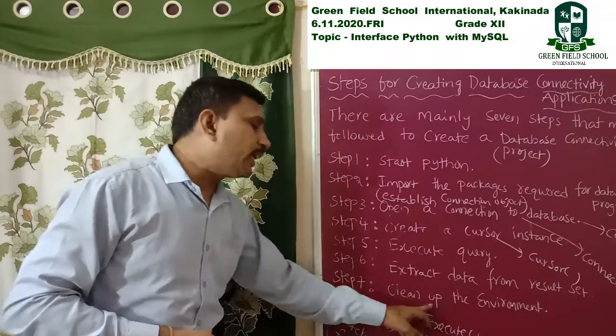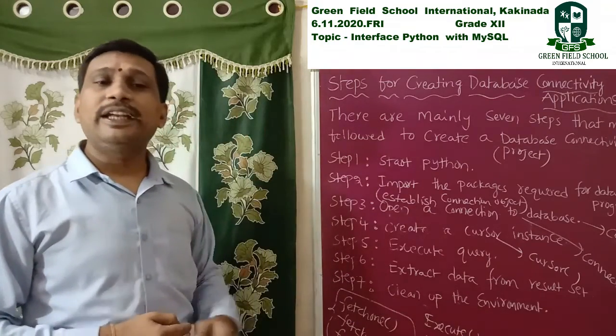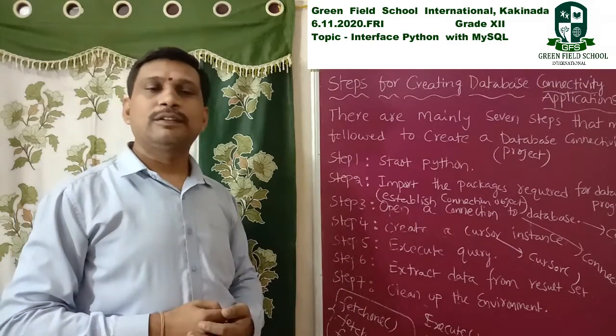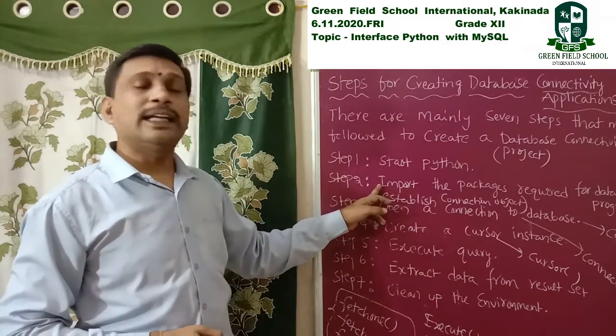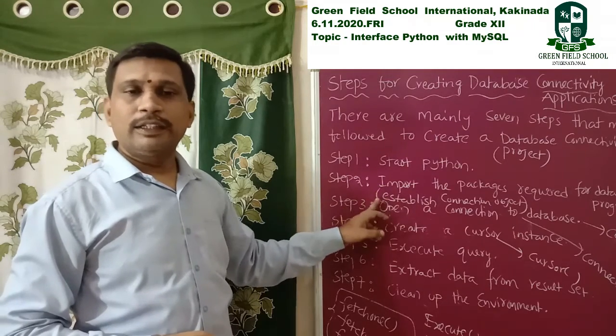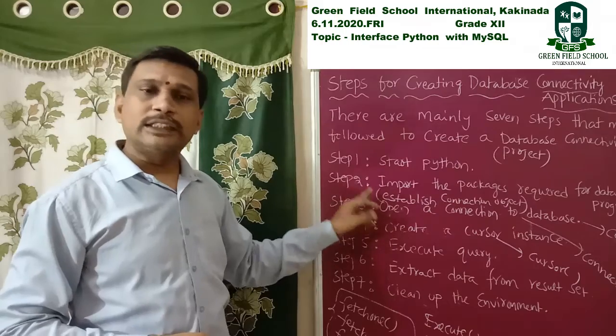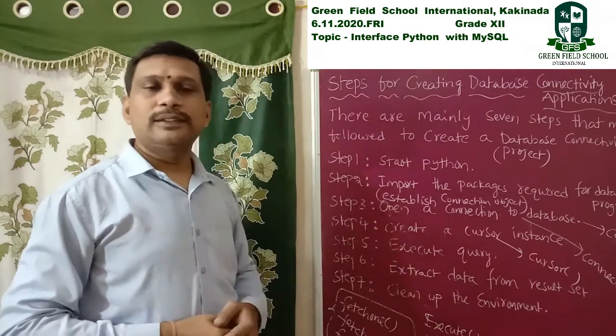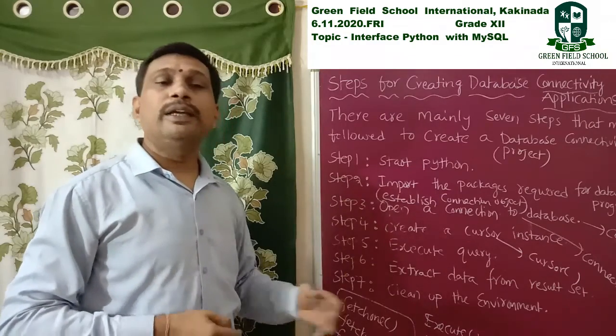Then we clean up all the environments. Clean up means we created so many objects here. One is the SQL connector object. Here we create the connection object for establishing a connection. Here we create our cursor object. So everything can be closed.